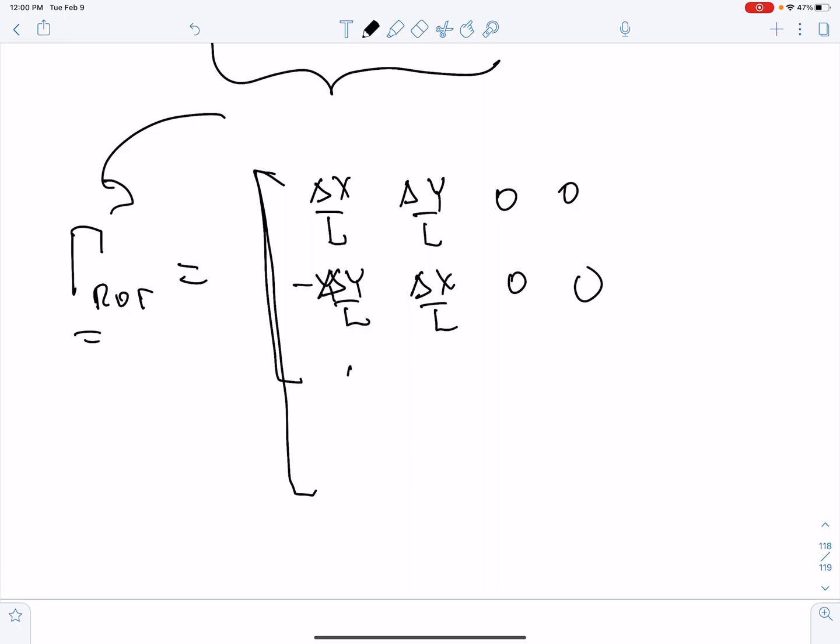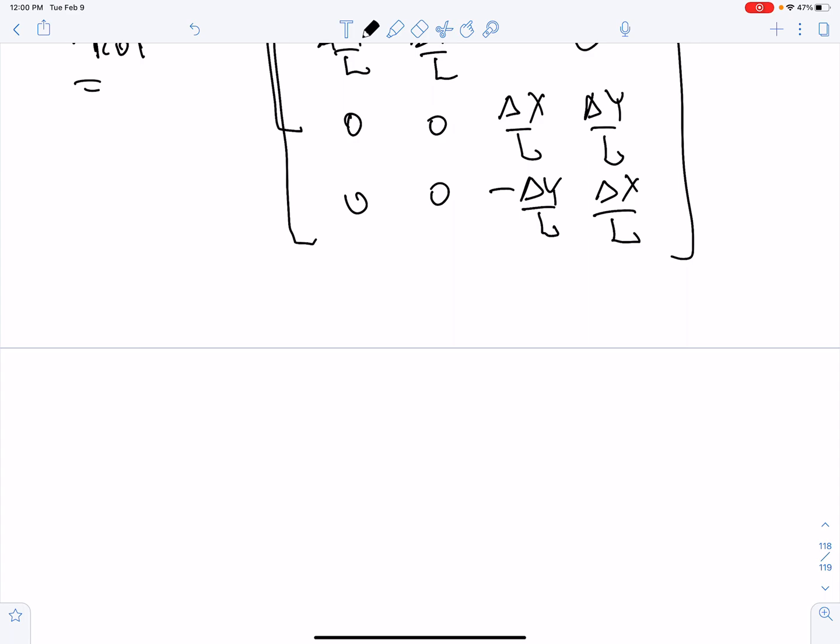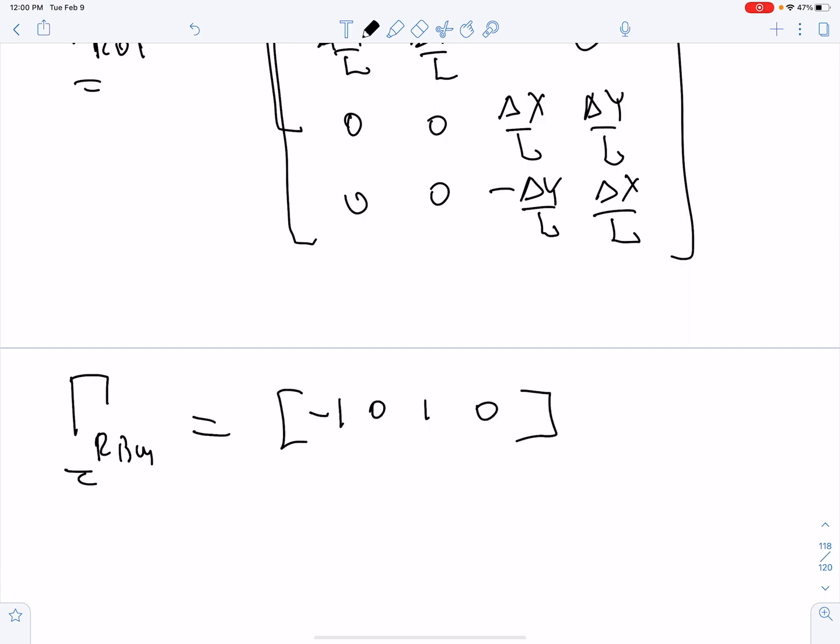Then I have a 2 by 2 zero block here, and delta x over L, delta y over L, minus delta y over L, delta x over L, 4 by 4. Right. RBM is minus 1, 0, 1, 0. Okay, like that.